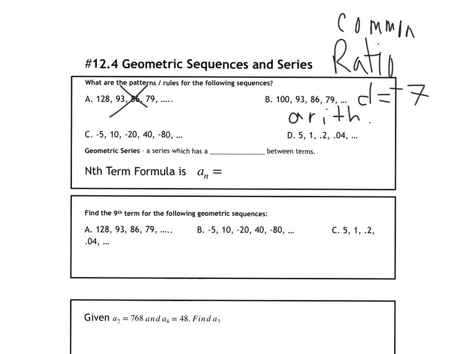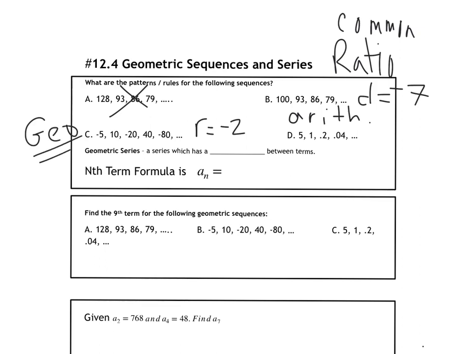Okay? However, when we get to letter C, in this case, if we multiply by -2 each time, 5 times negative 5 times -2 is 10. 10 times -2 is -20. That's going to be a ratio of -2. That one is now going to be geometric.